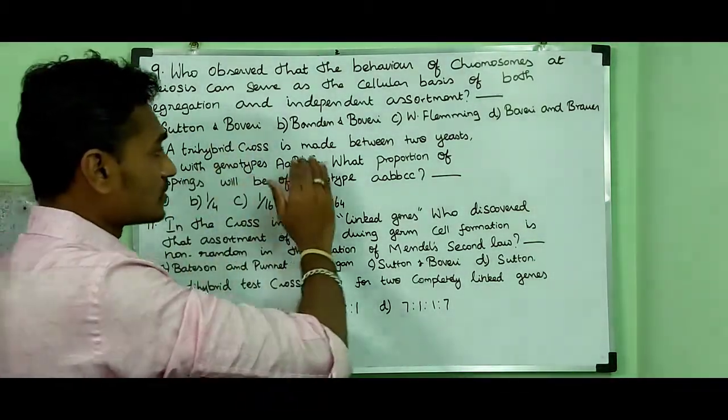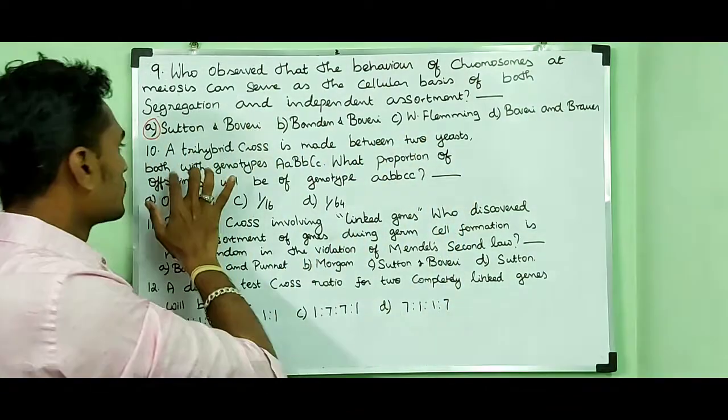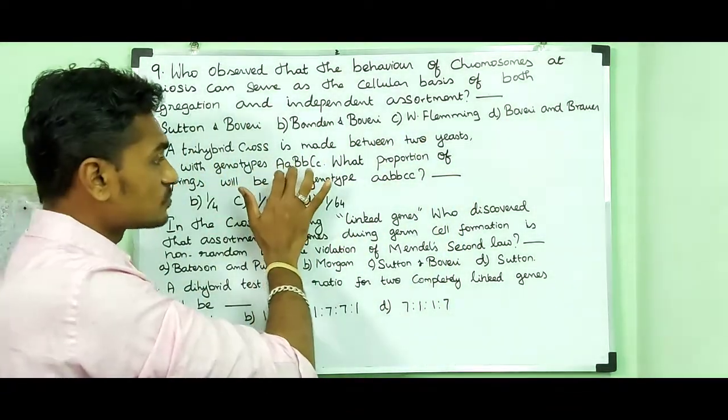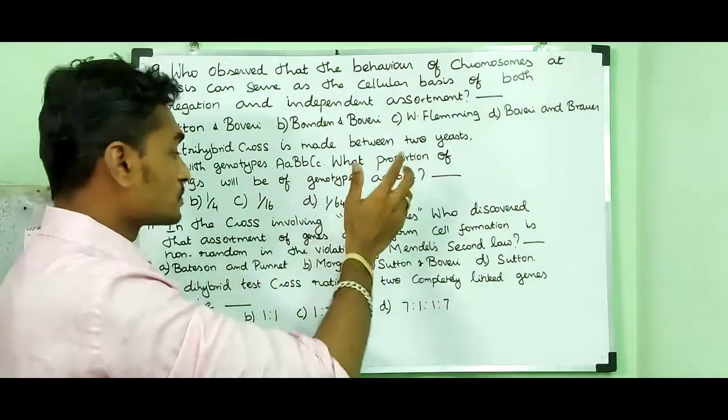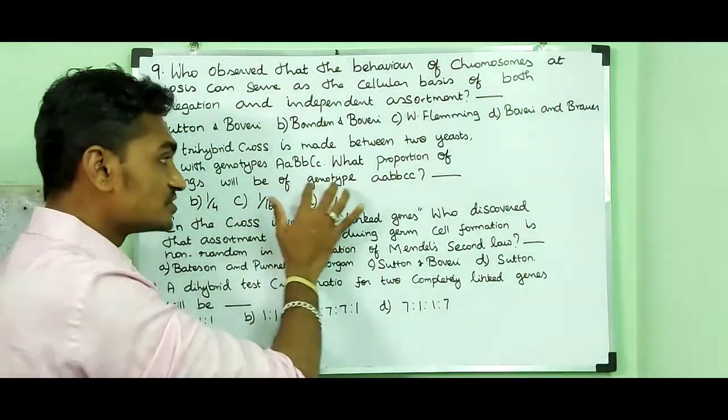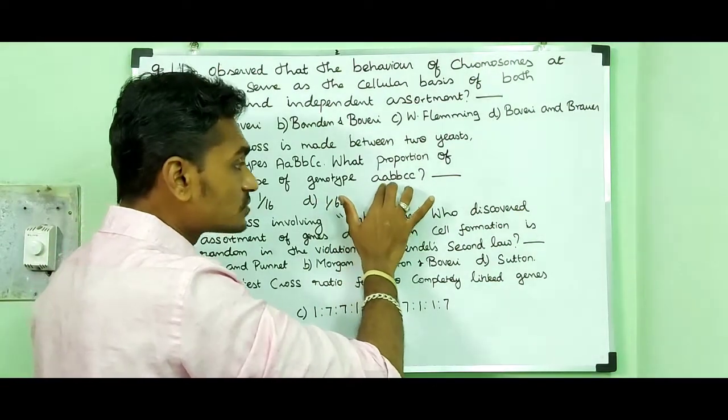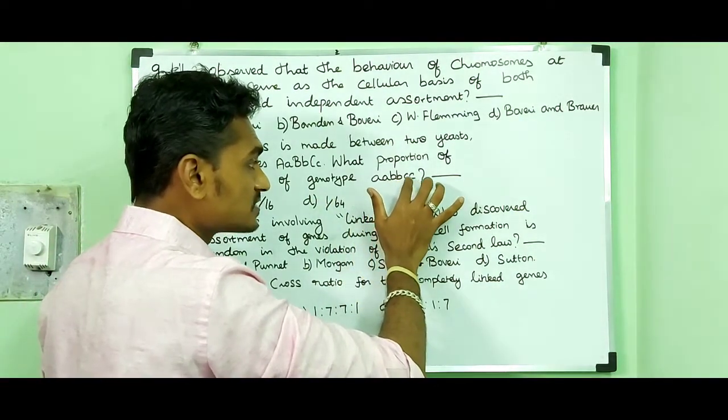A trihybrid cross is made between two yeast, both with genotype capital A small a, capital B small b, capital C small c. What is the proportion of offspring of genotype small a small a, small b small b, small c small c?